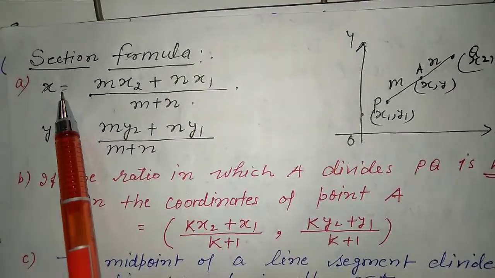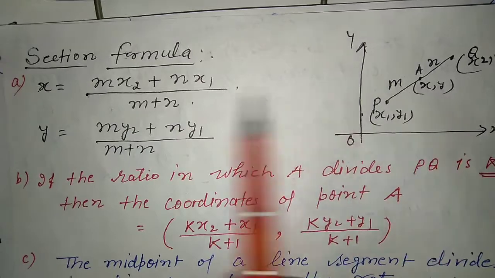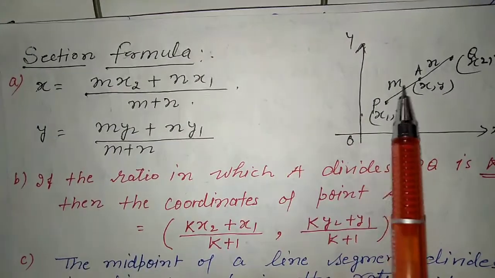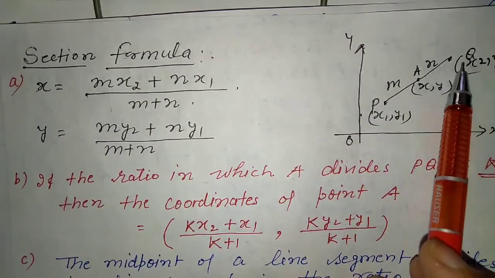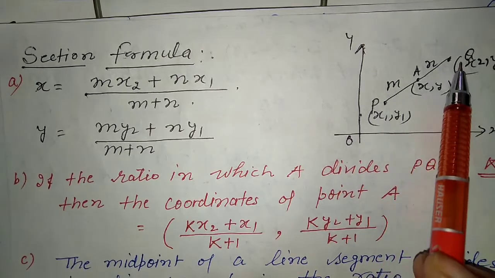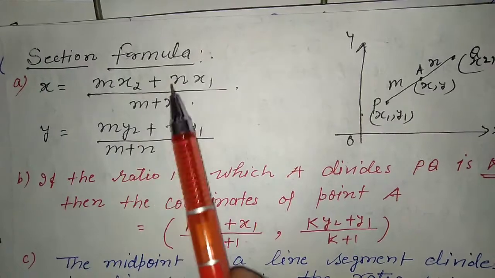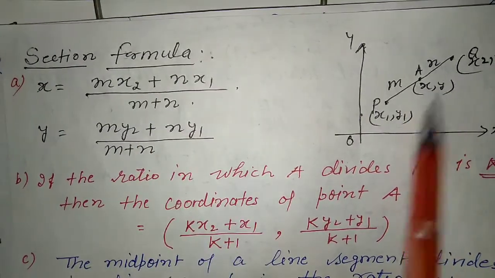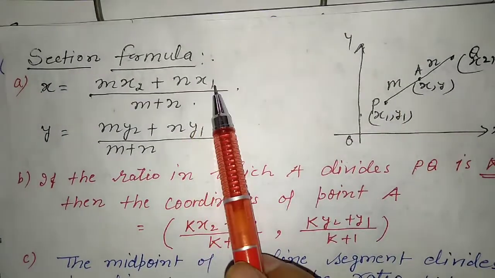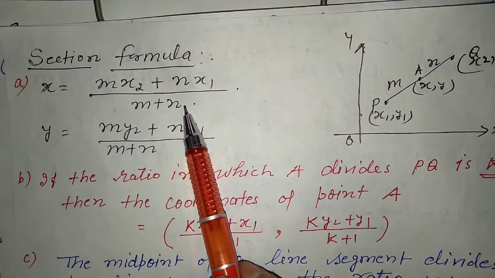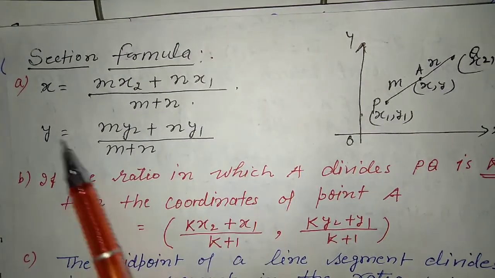Here x equals m x2 plus n x1 upon the sum of the ratio, that is m plus n.